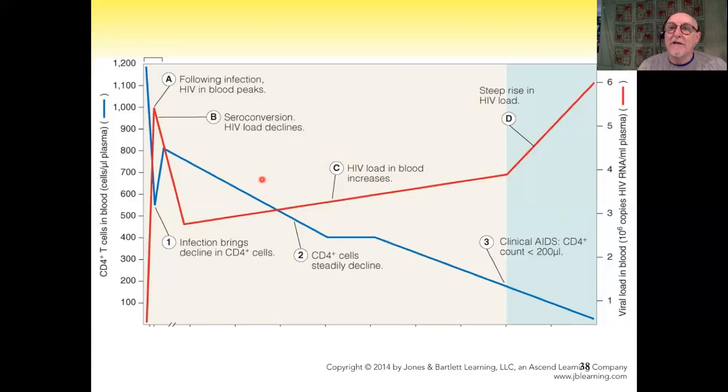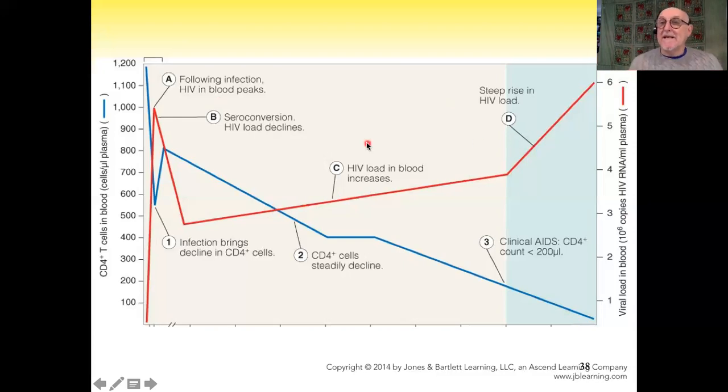It mutates very, very quickly. The body initially sees the virus and produces antibody to it. We can carry on measuring that antibody virtually until the person dies, but the antibody that the person is producing is completely ineffective against the virus. We know that because you can see the population of virus increasing here.